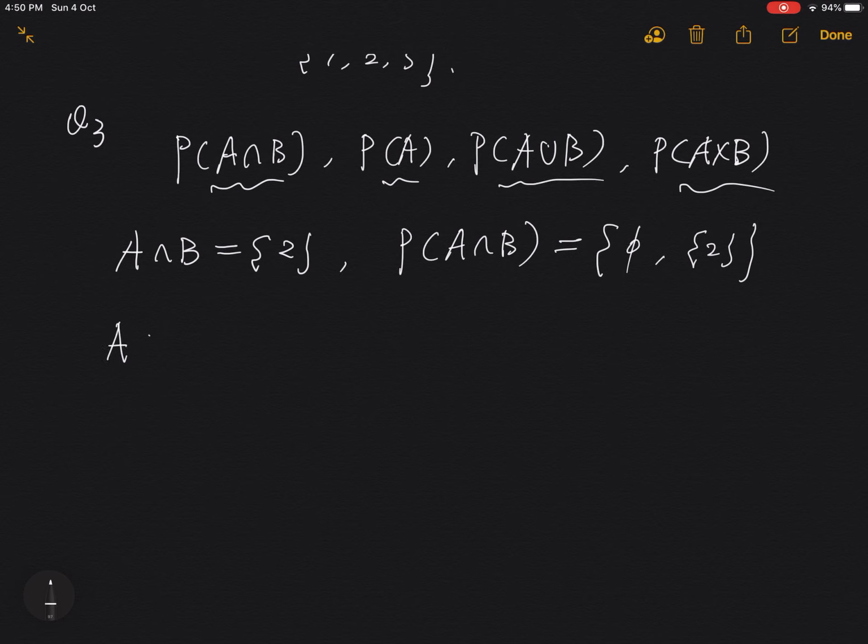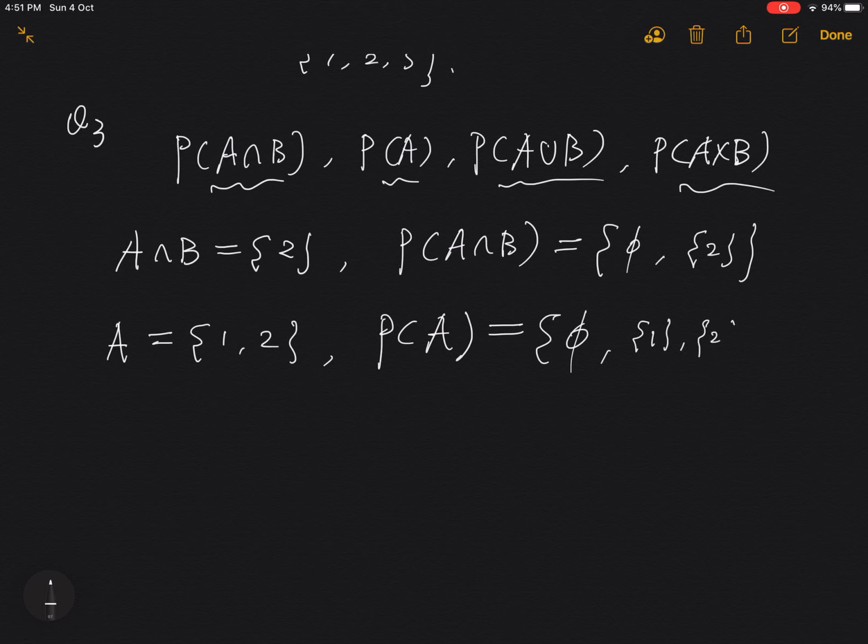Also, A is {1, 2}. So the power set of A is firstly the empty set, and then only choose 1 element. If we choose 2 elements, and after you calculate the power set, we can use the formula 2 to the power of n to check whether what we have got is correct or wrong.